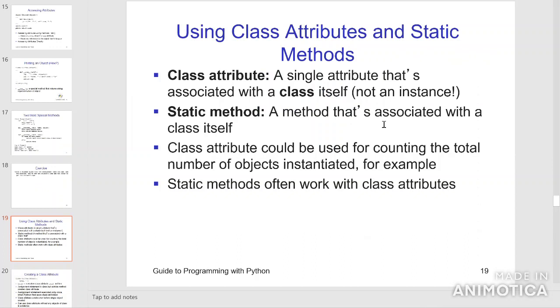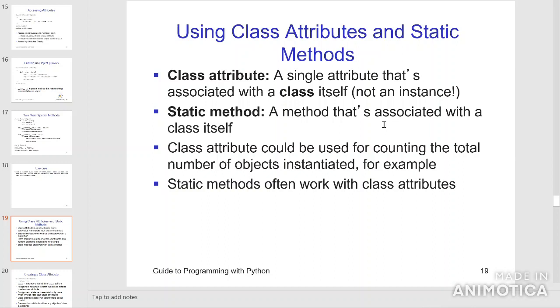And we can also have a static method, same as in C++. So static method means you will have a single attribute that is associated with a class, not an instance.